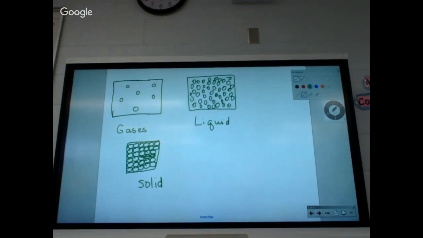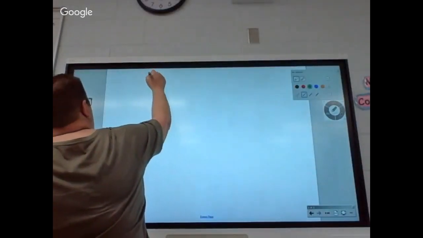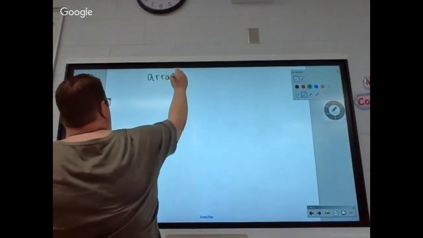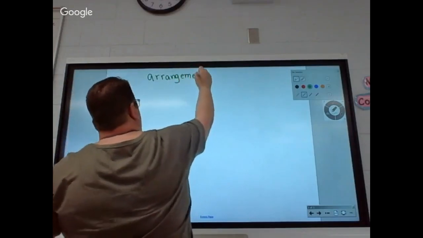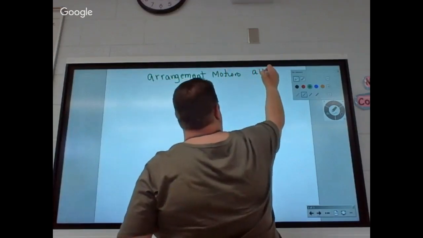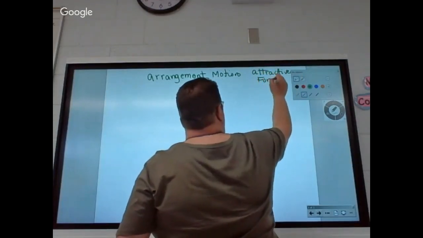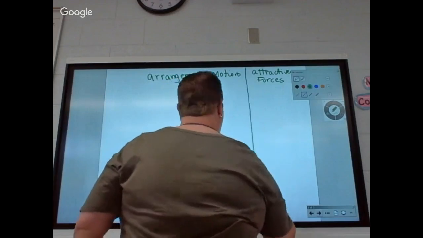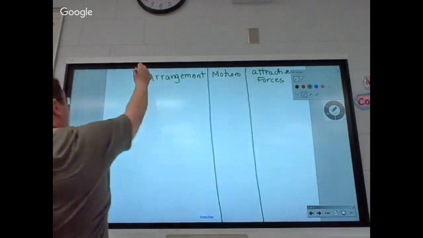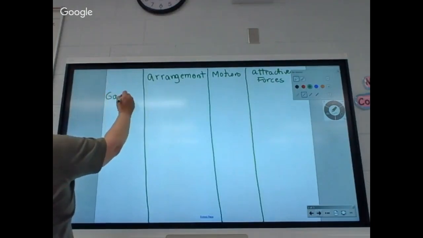Now, when you look at these pictures, what kinds of things do I want you to know about solids, liquids, and gases? I want you to be able to tell me about their arrangement, and I'm going to make a chart of this, so you might want to wait until I finish writing. Their arrangement, their motion, and their attractive forces. And we want to do this for gases first, because we've already studied those. That should be an easy one.